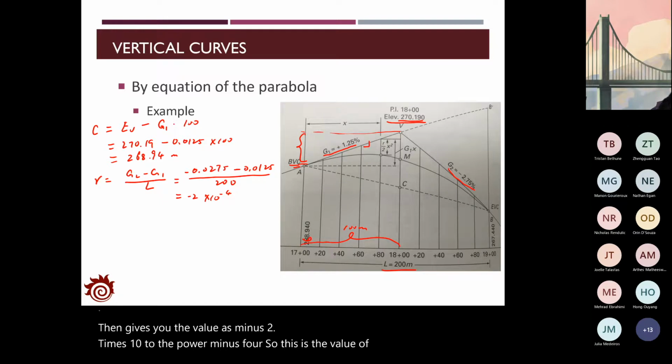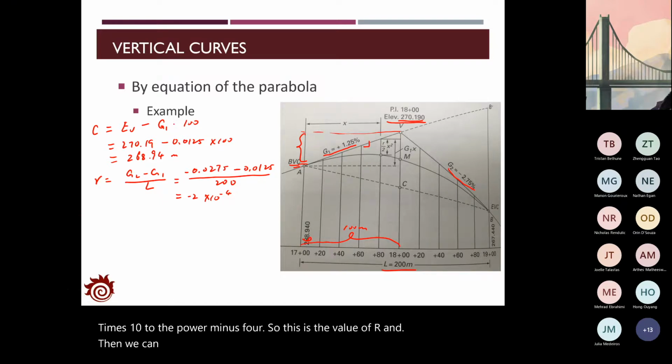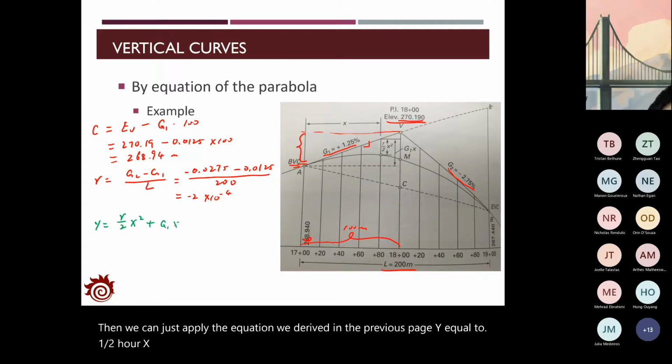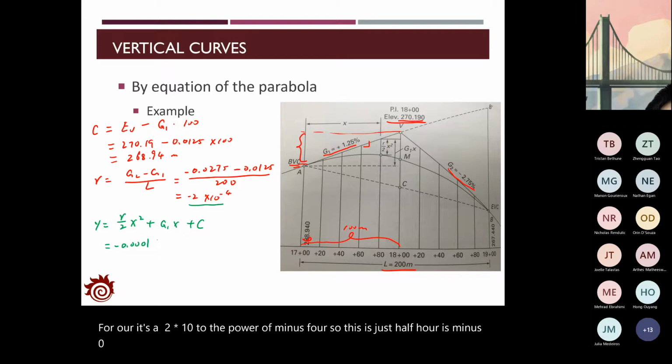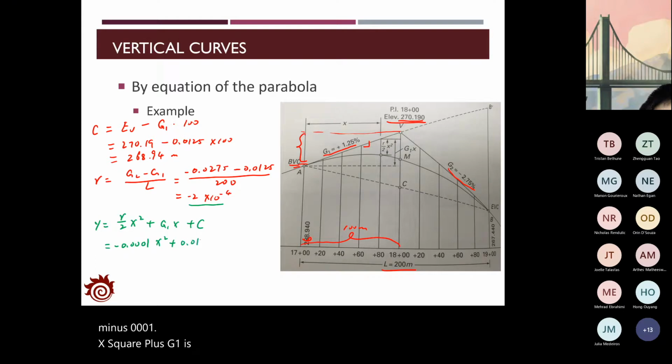And then we can just apply the equation we derived in the previous page. Y equals half R x squared plus G1 x plus C. For R, it's minus 2 times 10 to the power of minus 4. So half R is minus 0.0001 x squared, plus G1 is 0.0125 x, plus C, which we derived as 268.94 meters.